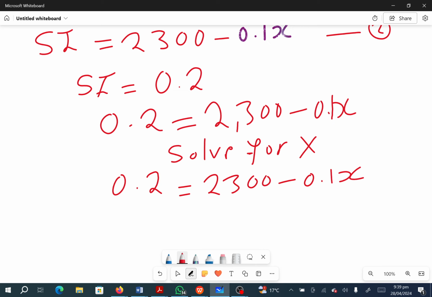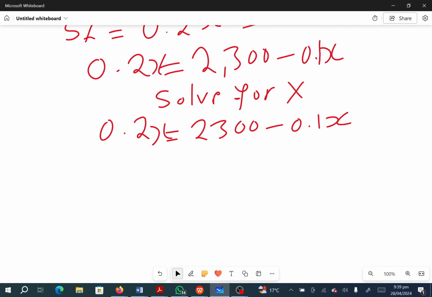This has got an x value because it's coming from the previous equation 1. Take note of that, please. So this was our equation 1.